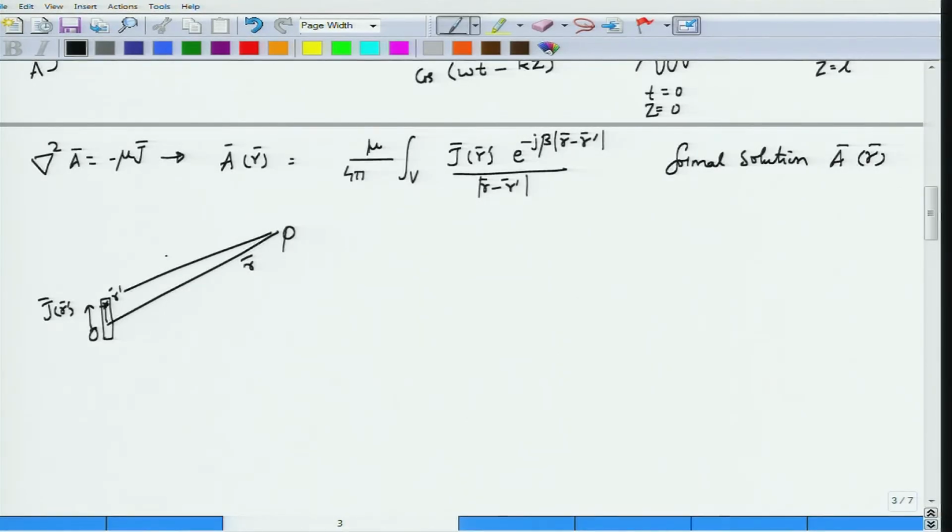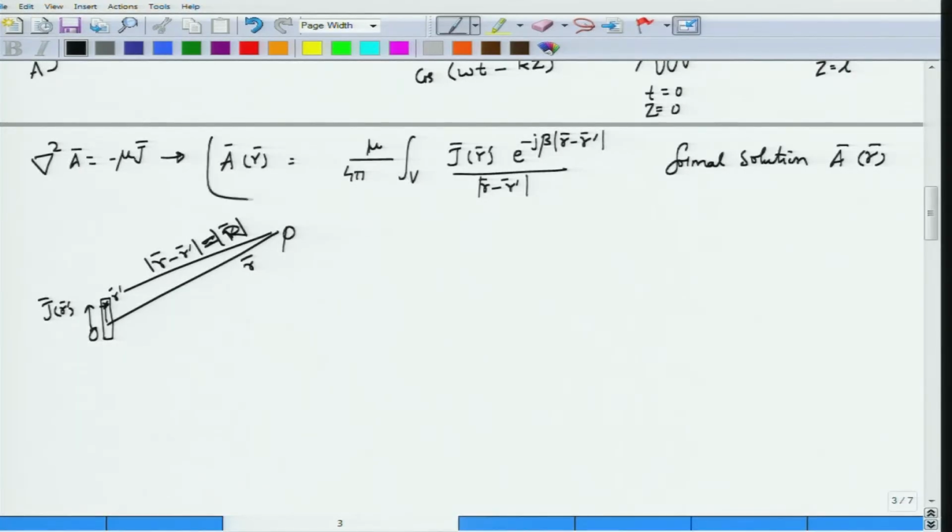So this |r minus r prime| will give you the distance between the source and the observation point, and this would be approximately equal to r when the length of the antenna or wire is very small compared to the distances that you are considering. Otherwise you can simply call this equal to r, and this r magnitude would determine the time delay between something happening at the source and what you are going to observe.